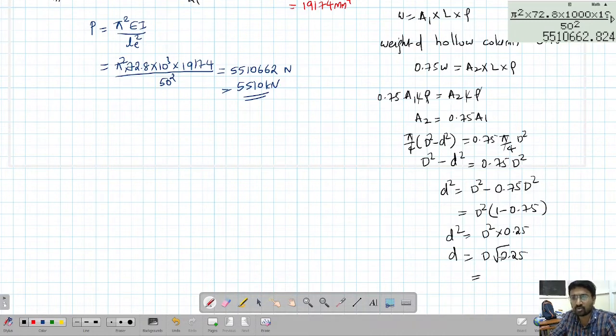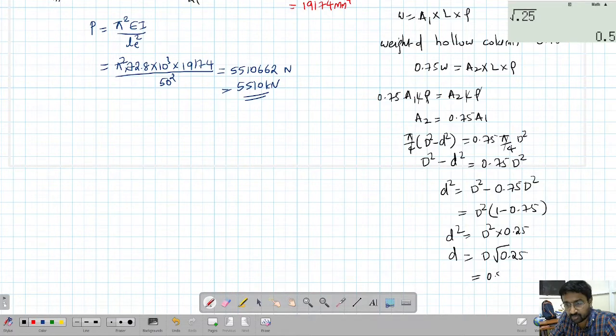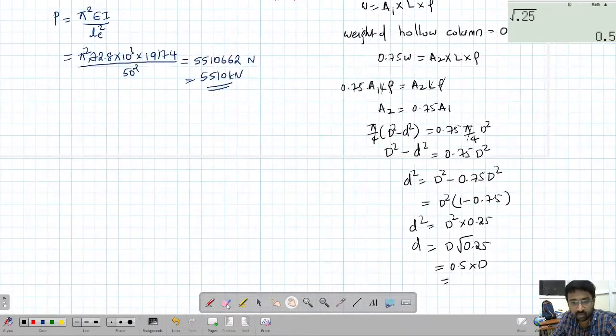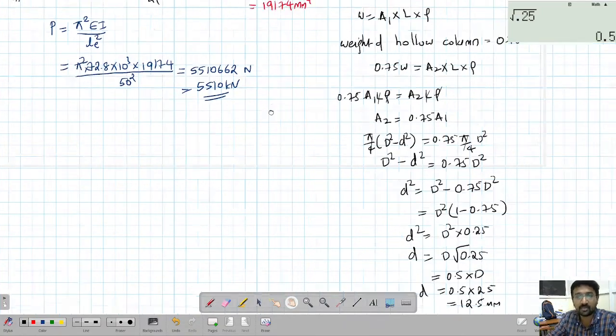The square root of 0.25 is nothing but half, 0.5. So small d is 0.5 times capital D. Capital D, as we know, is 25 mm. So small d, the internal diameter, is 0.5 times 25 mm, that is 12.5 mm. So we got the internal diameter of the section.